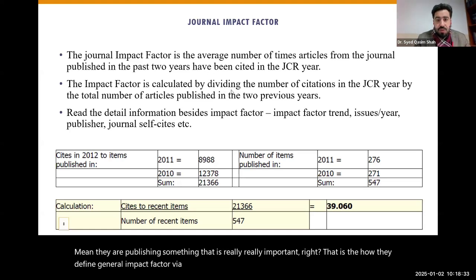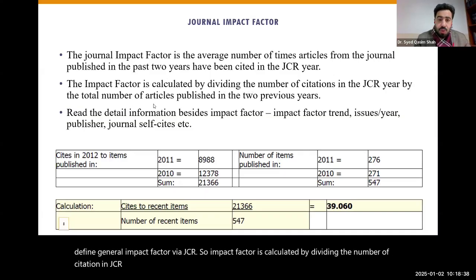Impact factor is calculated by dividing the number of citations in the JCR year by the total number of articles published in the previous 2 years.